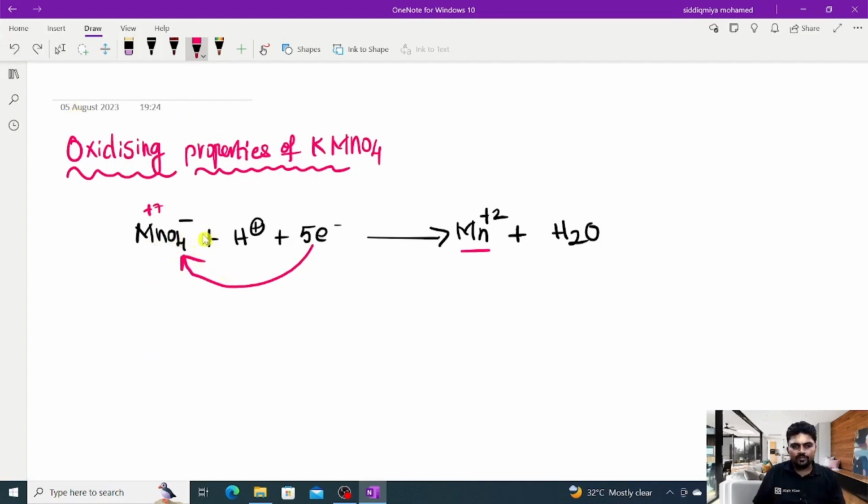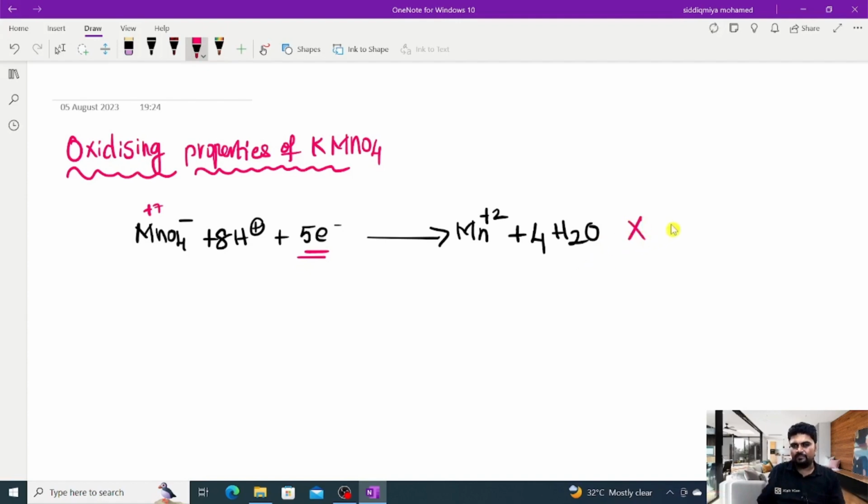Now we will balance this. 1 manganese, 4 oxygen, so 4 H2O here, and 8 hydrogen, so 8 H plus. If you have 5 electrons, this is the equation we take.